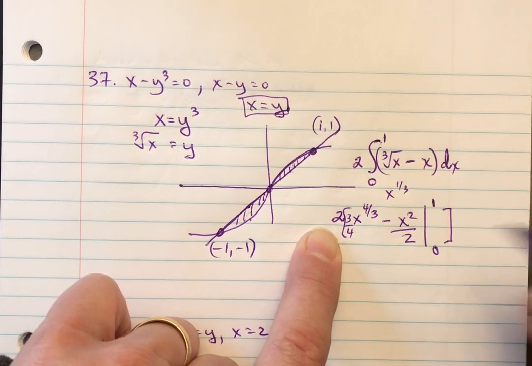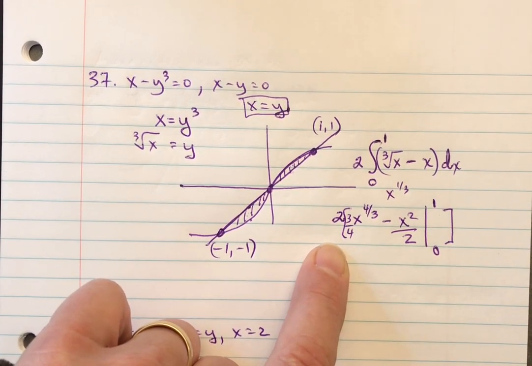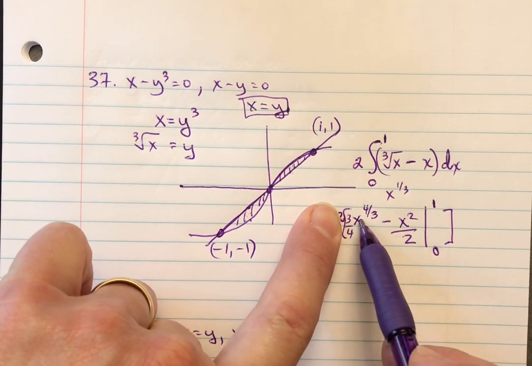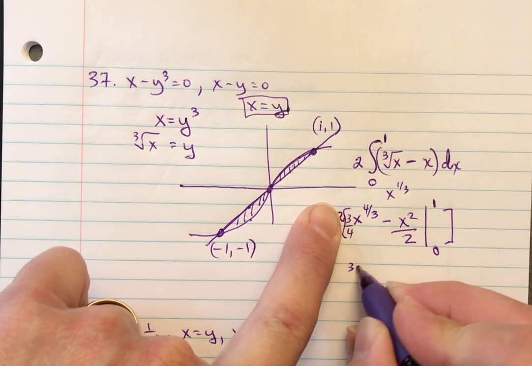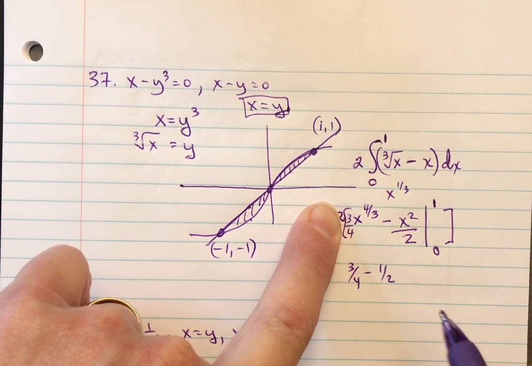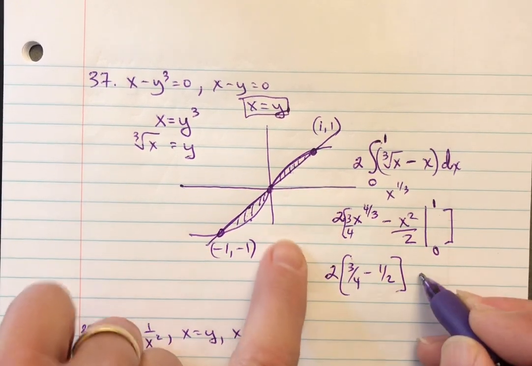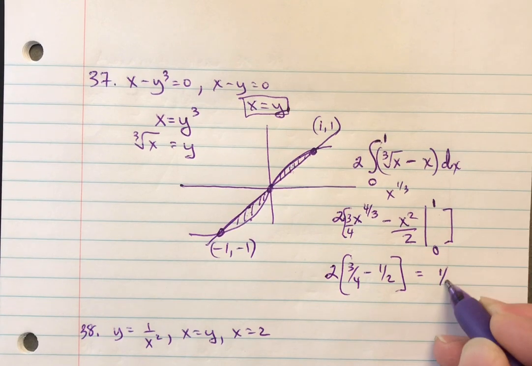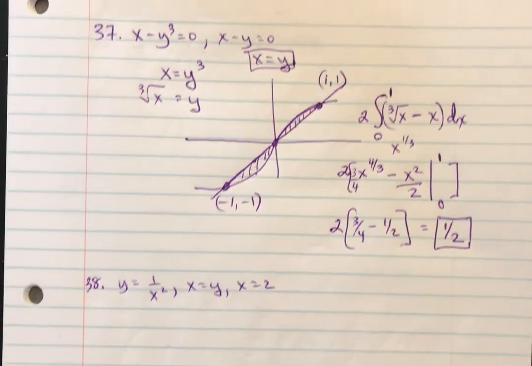I'm going to find this and then double it. So if you plug this in, you will get 3/4 minus 1/2. So 3/4 minus 1/2 is 1/4. And then when you double it, you will end up with 1/2. Your final answer here turns out to be 1/2.